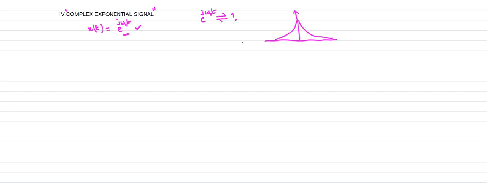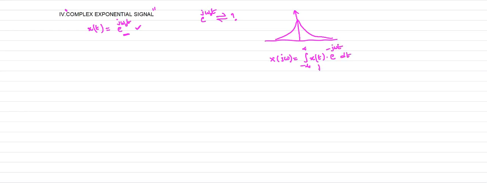So if you want to use the formula, remember here I already told you. If you want to calculate the Fourier transform of a time domain signal, here the signal is what? Absolutely integrable. That means the signal is a converged signal.